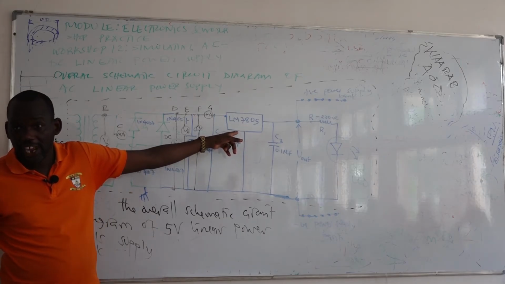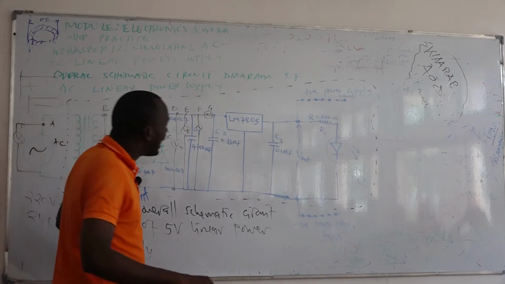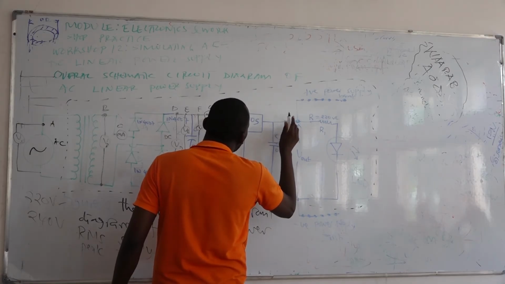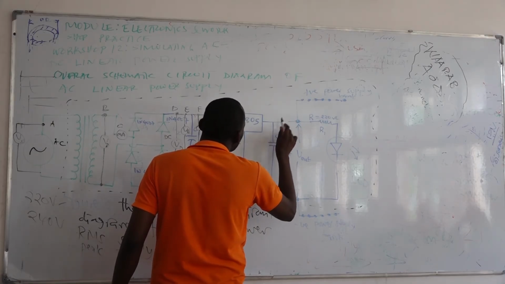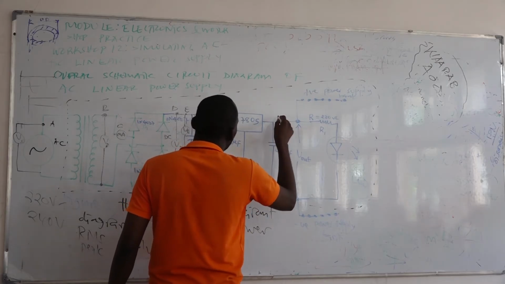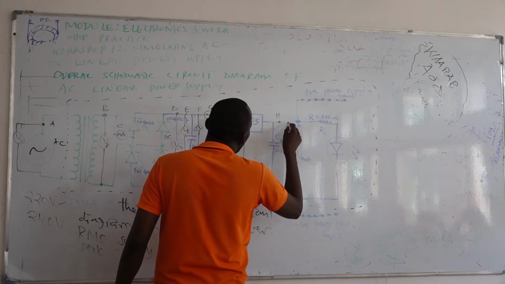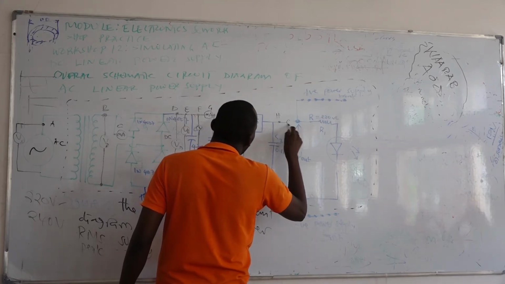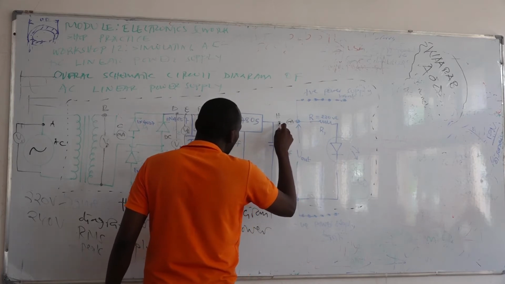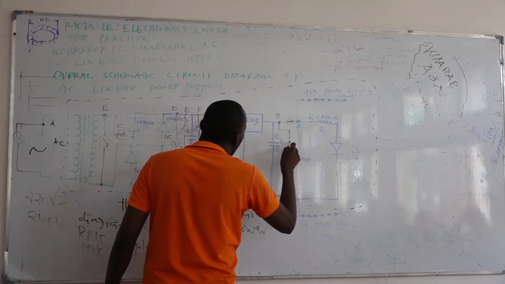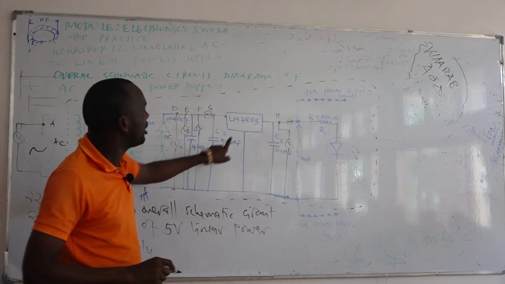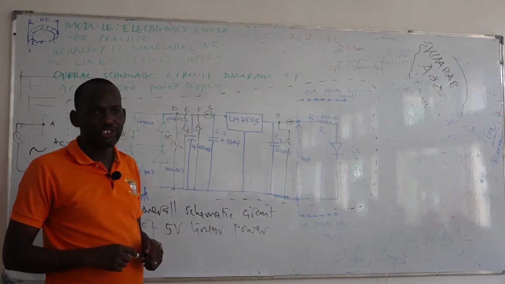Right? Then, for that case, another point of interest is this one. So this is A, B, C, D, E, F, G, H. And also we have another testing point here, where we'll connect the milliammeter. At this point also we want to know about the output voltage of the regulator unit.